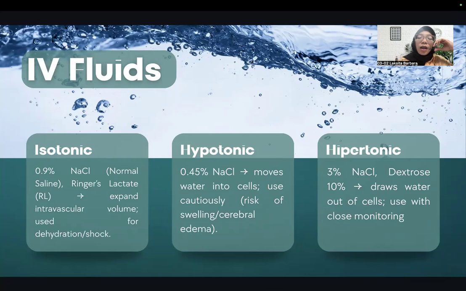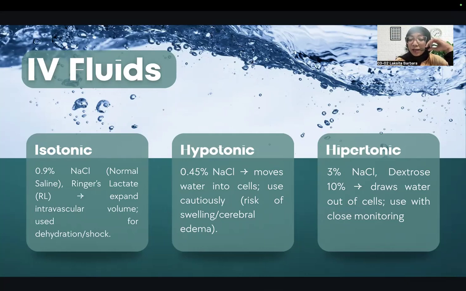For certain cases, when the patient already has a high level of natrium in the blood, we usually use a fluid with less natrium in it. We call it hypotonic fluid. But when we use this fluid, we need to watch closely for cerebral edema, the risk of swelling.